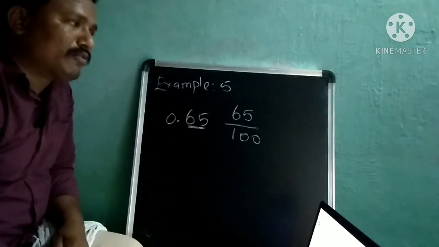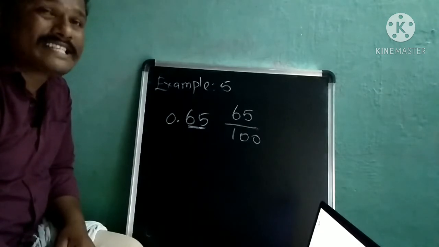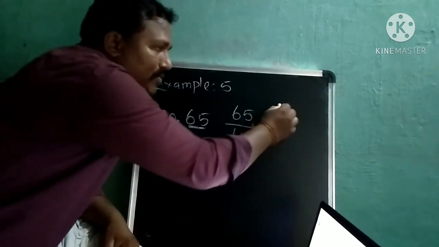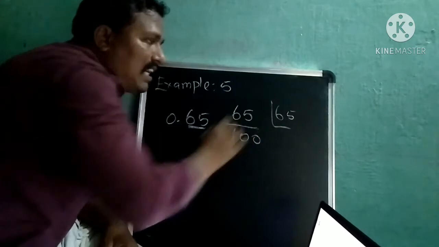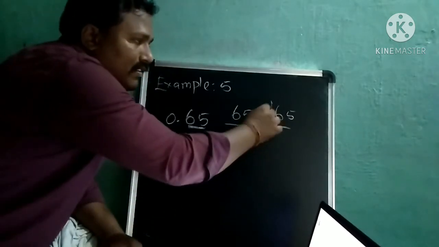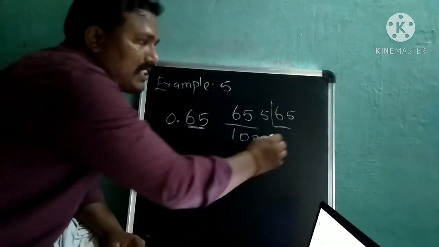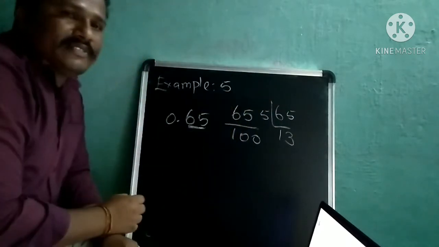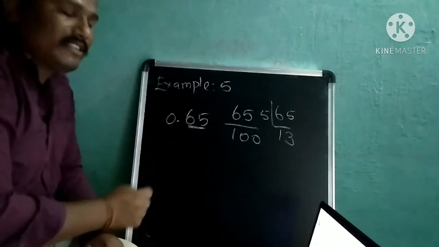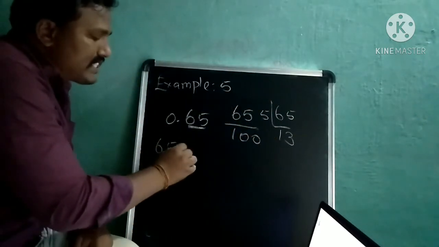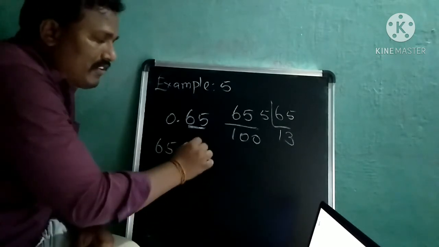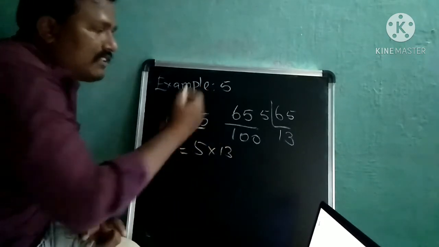For this you have to find the common factor. So 65, I will divide by 5. You know 13 5s are 65. We cannot simplify more than that. So 65 as factors is 5 into 13.